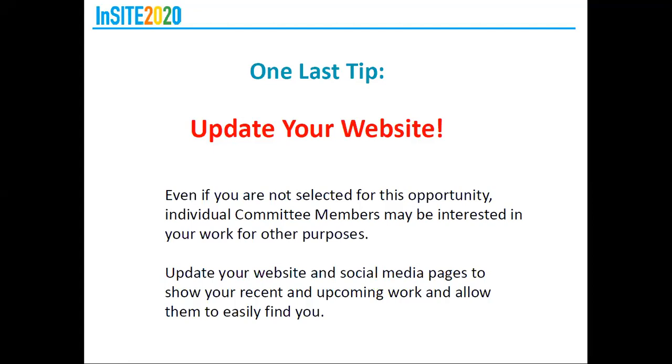That is one of the most important things an artist can do. So even though the application itself does not specifically call for your website information, make sure that you do have that updated, because if they're interested in your work, they will look you up.